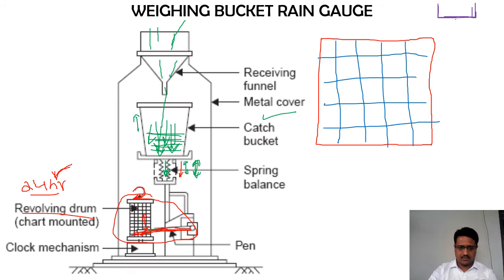Imagine I have this particular section of spring, and this spring is connected to a pen. As I said, whenever this container is empty and doesn't have any water in it, your pen will be pointing to the bottom. You can take it as your origin, so here the coordinates are 0, 0.